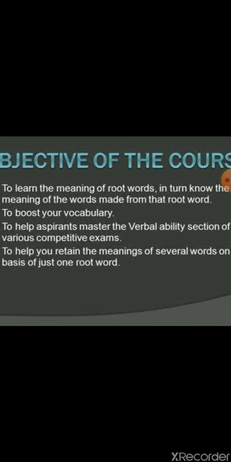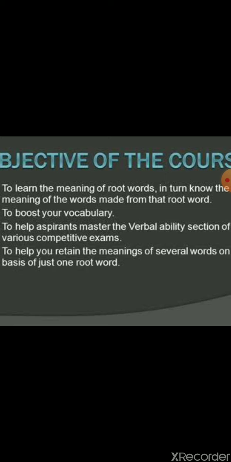For example, cron means time. So for all the words where this root has been used, the word will be giving you a clue that it has some association with time. To boost your vocabulary, by memorizing just one root's meaning, you are understanding, not memorizing, the meaning of 1,000 words.